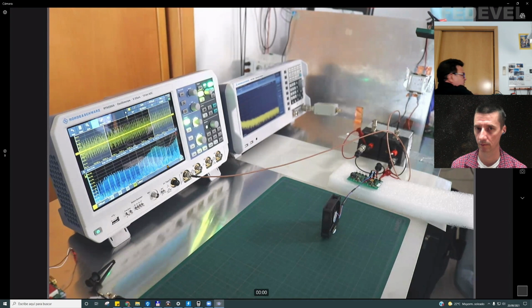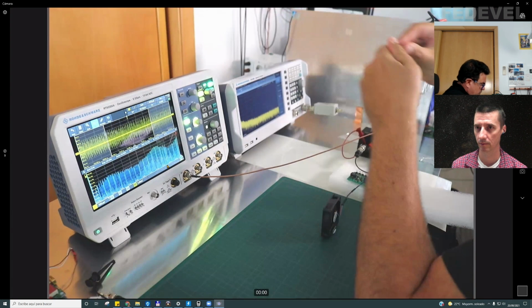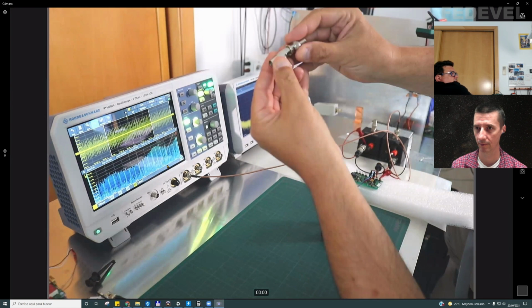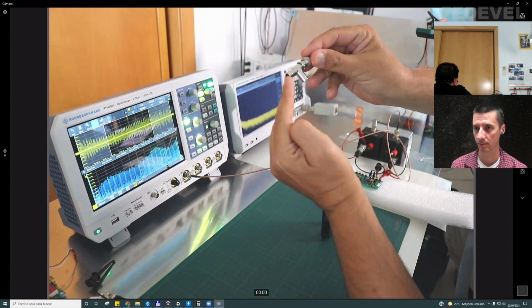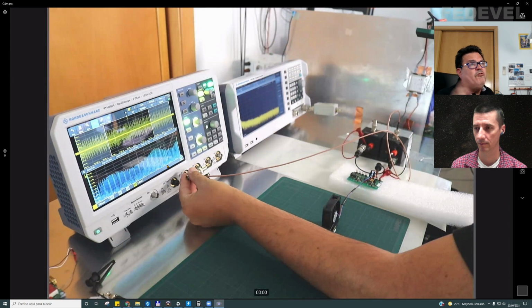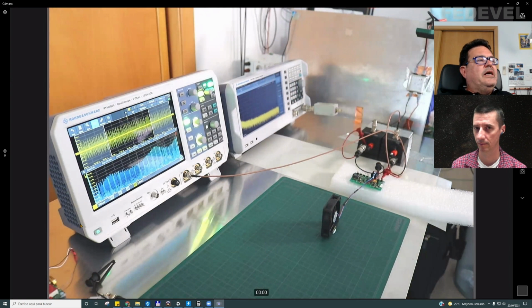You can use a T with a 50 ohms termination, like this. This is a 50 ohms termination. You put here a cable, and then you connect this here. So you are creating some kind of 50 ohms termination. This is not perfect, but for going up to 30 megahertz it can be good for you.